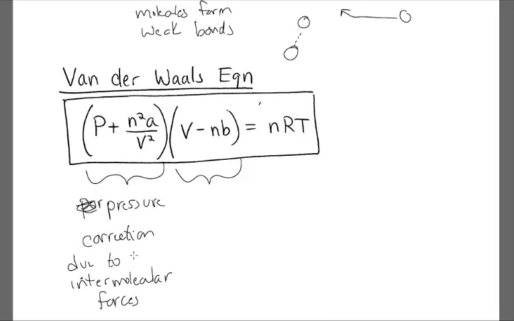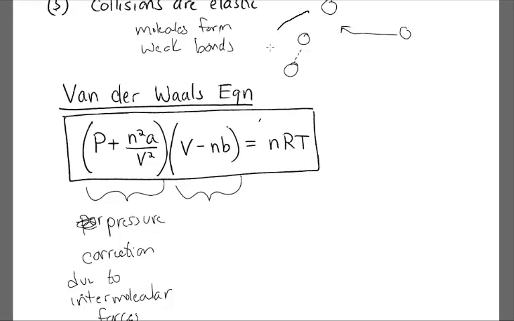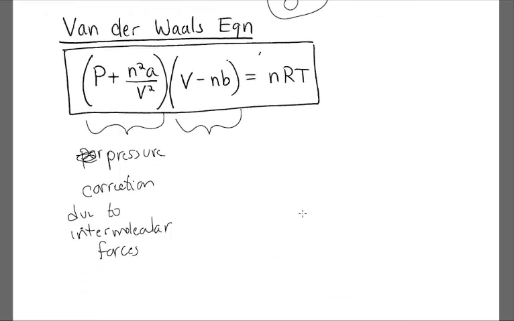Okay, so intermolecular forces are basically what's going on up here. When you have things attracted to each other, there's a force between molecules. Then there's a volume correction, which will be due to the fact that less volume is available when there's lots of particles.